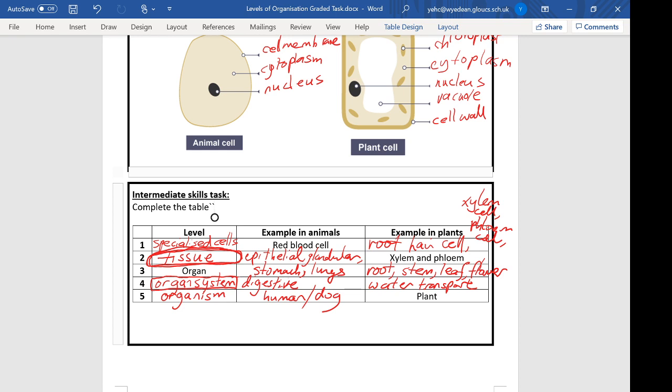I wouldn't put just animal in there because that's not specific enough, because it says example in animals, and just writing animal as an example of an animal would not be as specific. Reproductive system would definitely work for an organ system. So write that, reproductive. And then gas exchange, which is what Fionn said.